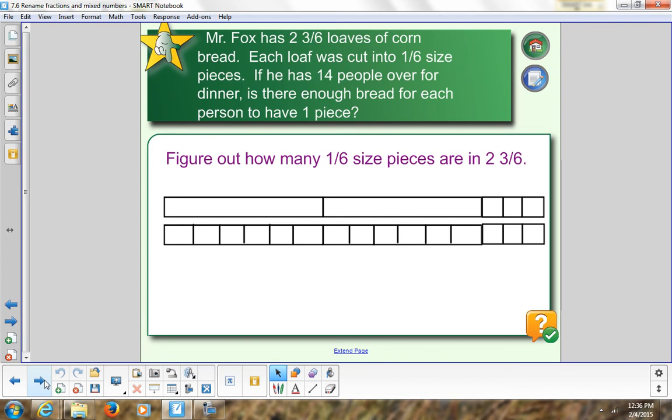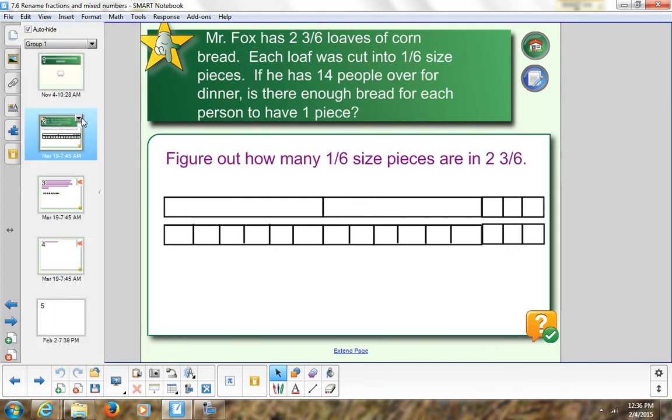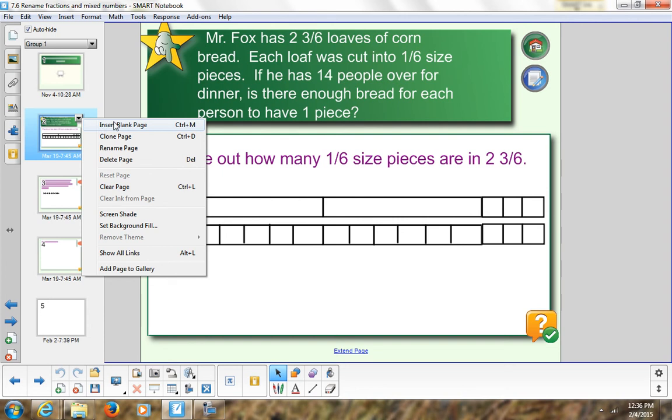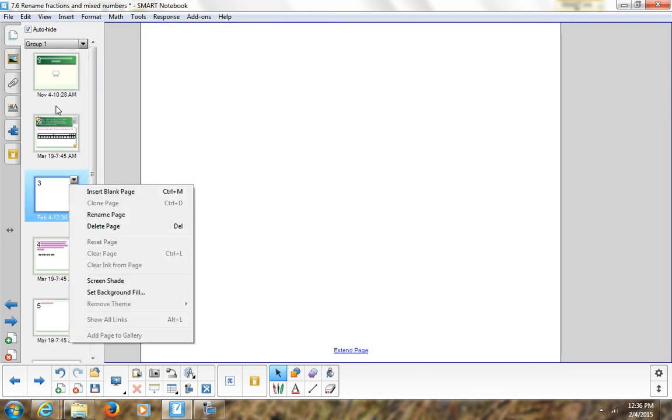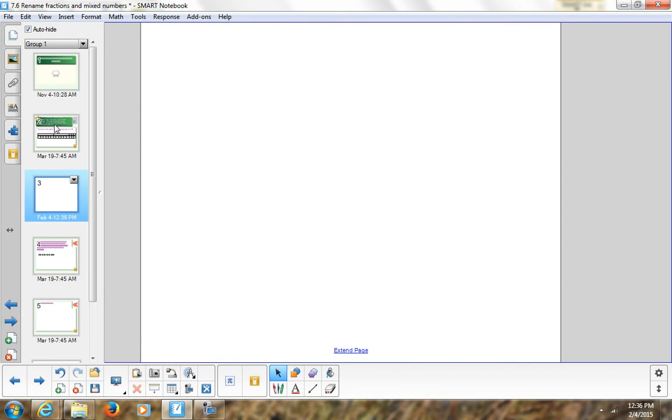This was one of our vocabulary words, so it's something you guys should definitely know, especially since it's on the board. All right, so we have mixed number.